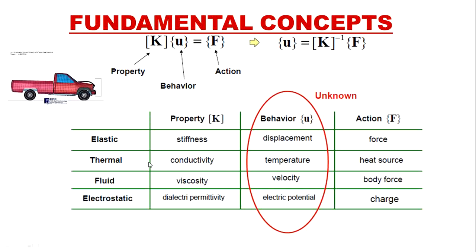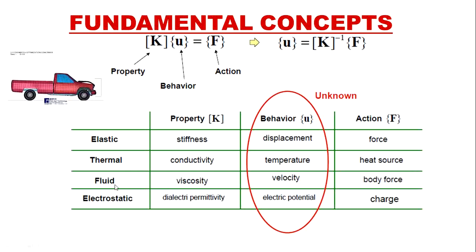For an elastic problem, K will be a stiffness matrix, which we will mostly use in your Anna University syllabus. So mostly we will be working with this first row of problems: stiffness, displacement, and force. For a thermal problem, K will be related to conductivity, U will be temperature, and the action will be a heat source.